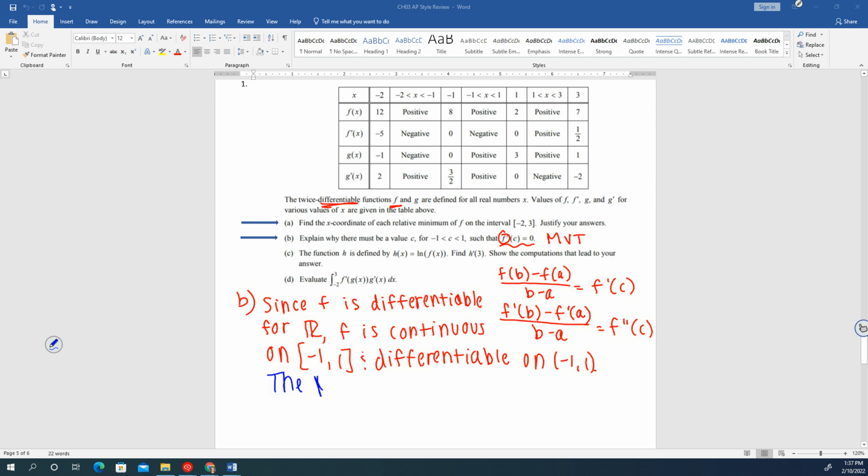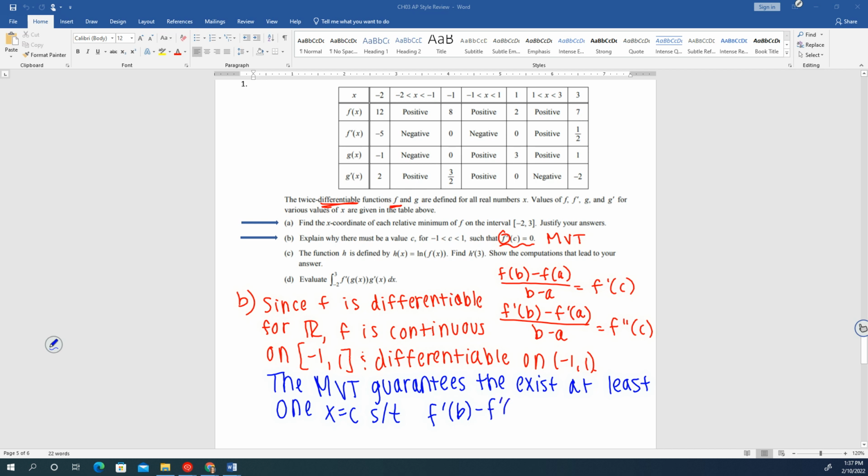The mean value theorem guarantees there exists at least one x equals c such that the average rate of change over that interval is equal to the instantaneous rate of change somewhere within that interval a to b.